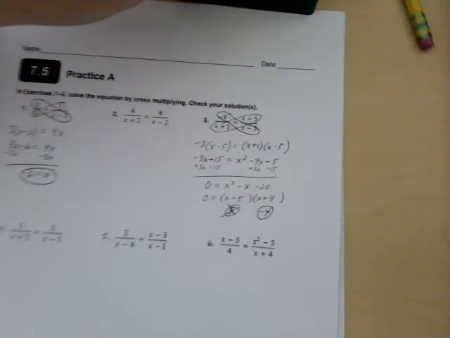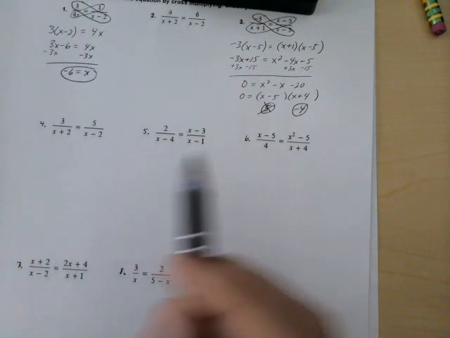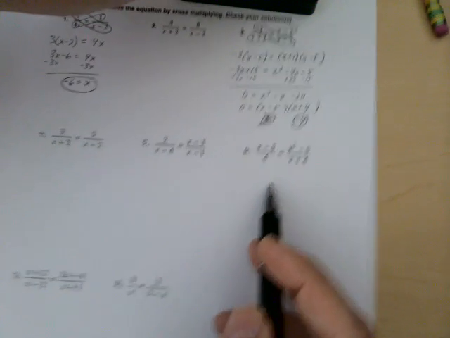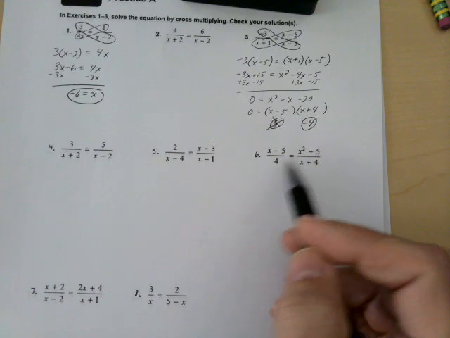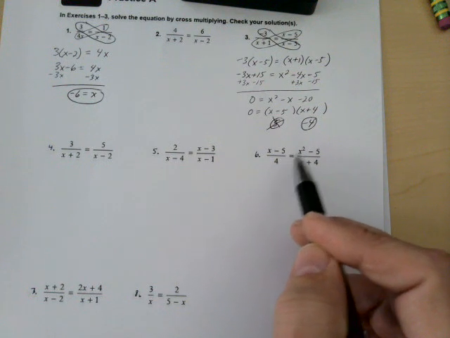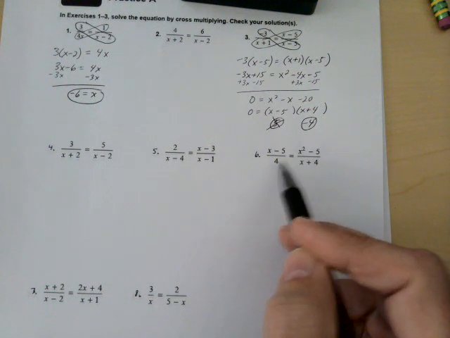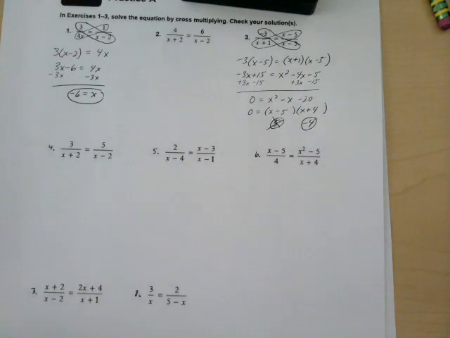Okay, so you should be able to do 4 is easy, 5 is easy. Number 6, a little bit more challenging, but what's going to be nice about this one, you're still going to do the FOIL and stuff. You'll have another quadratic to solve, but you're only distributing the 4 here. So that's a pretty easy calculation, but you will need to solve by factoring.